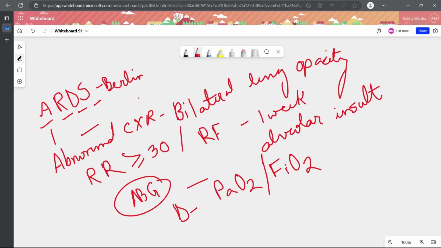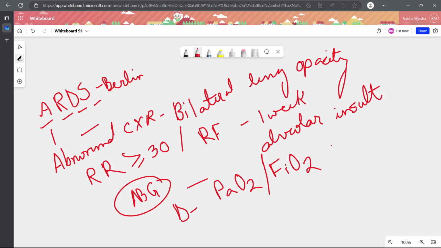Before that, he has some sort of clinical feature like sudden severe shortness of breath, maybe associated with chest pain, and then he comes to you, then you will get bilateral lung opacity, and you do ABG.